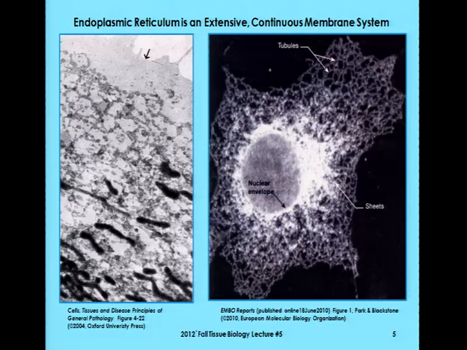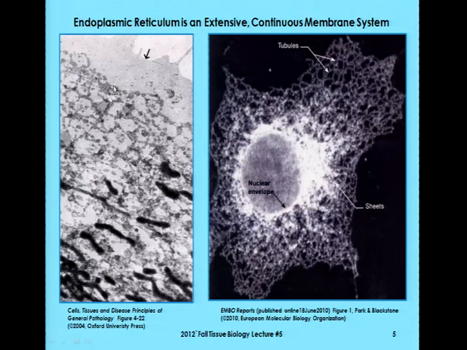So Keith Porter had the idea of growing cells on cellophane sheets, and the fibroblasts grew and spread out on very thin sheets, and that allowed electrons to penetrate through these cells and allowed him to observe this reticular network in the cytoplasm of the fibroblasts.